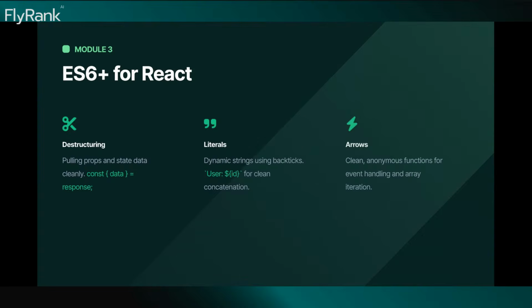Literals eliminate that. They're string templates allowing embedded expressions and multi-line strings without the messy plus signs for adding strings together. You should be using this if you're pulling data from an API and it's a long string, instead of breaking it into different parts. And then we have arrows. Arrows are basically functions.